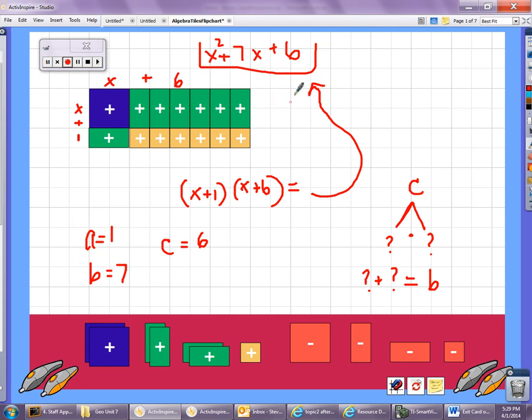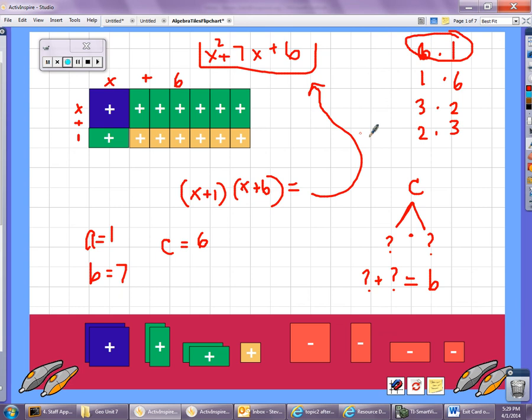Looking at c, which is 6, a couple of things multiply to get 6: 1 times 6, 3 times 2. Those are all the factors of 6. Do any of these add to 7? Yes, 6 plus 1 or 1 plus 6 gets 7.